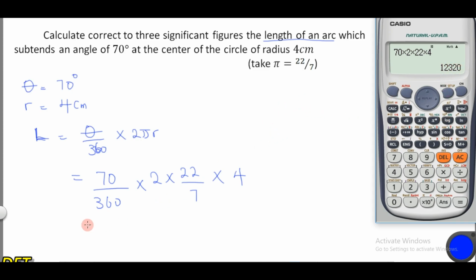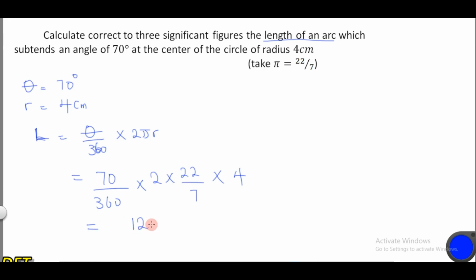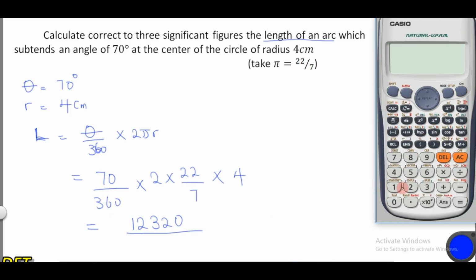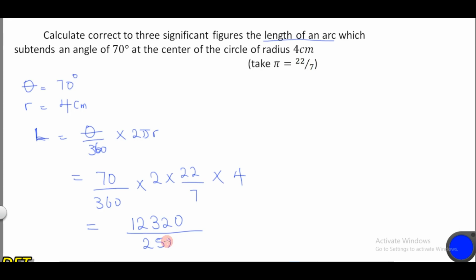So that will be equal to 12,320 divided by 360 times 7. 360 times 7 would give us 2,520. So that would be 2,520.